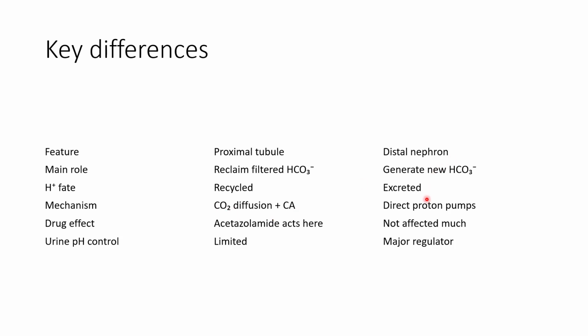The distal nephron does it with direct pumps and channels and receptors. Also, there is this drug acetazolamide that acts on the proximal tubule and hinders all this. We will see that in a later slide. The proximal tubule has limited effect on urine pH control. However, the distal nephron, through alpha cells and beta cells, is the major regulator of your urinary pH.